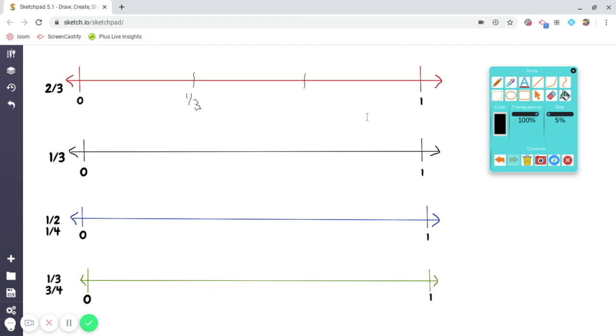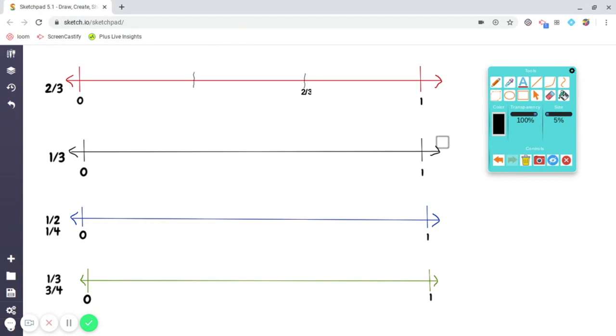There we go, nice. So 2/3 would be right here. Let me erase these. And actually I do have a line. Okay, 1/3 would be here. 2/3 would be here. So this is where I would mark 2/3. Okay?